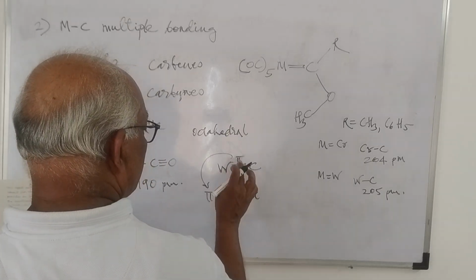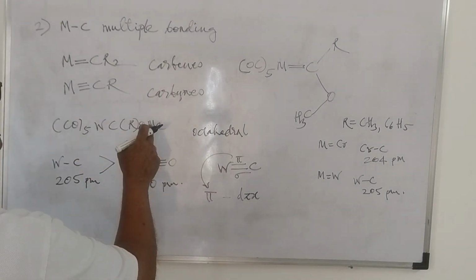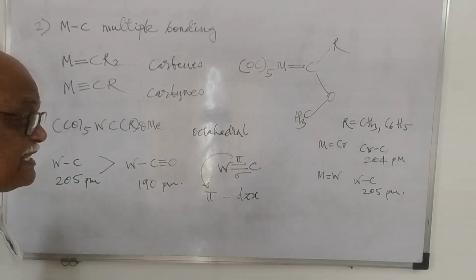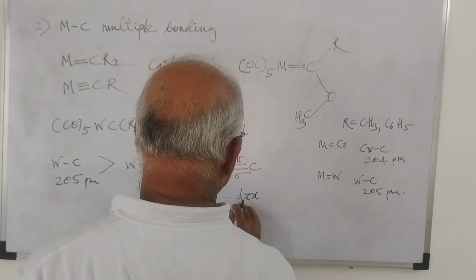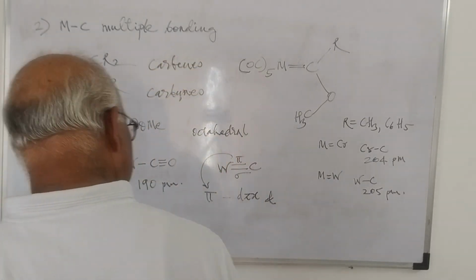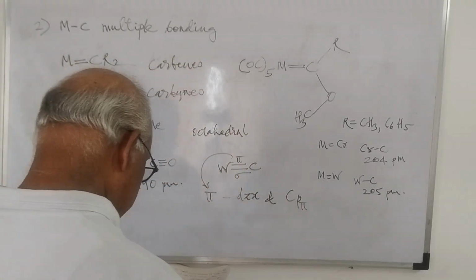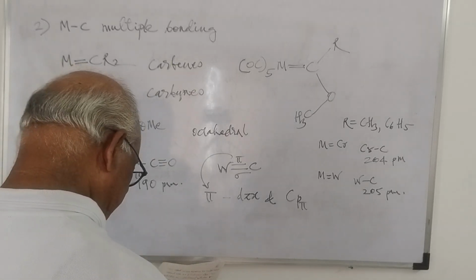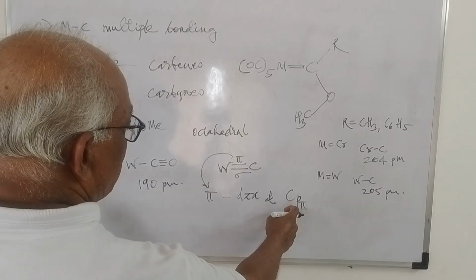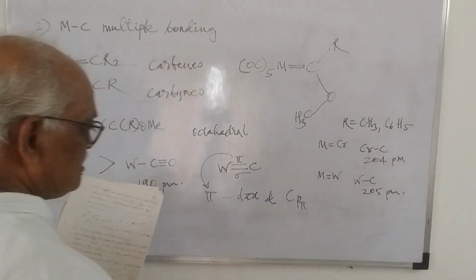So if we take only one pi bond, here we are considering only a double-bonded structure, so we require only one pi bond. This pi bond is formed by overlap between this dzx and the carbon p orbital of pi nature, which is shown as the vacant orbital, and this may also be an antibonding orbital.